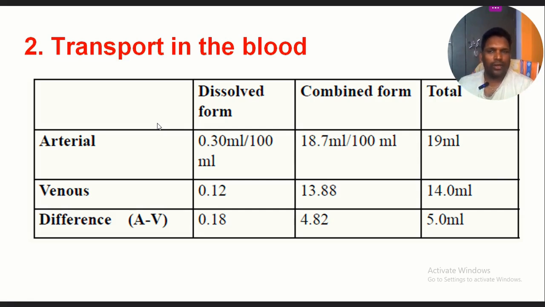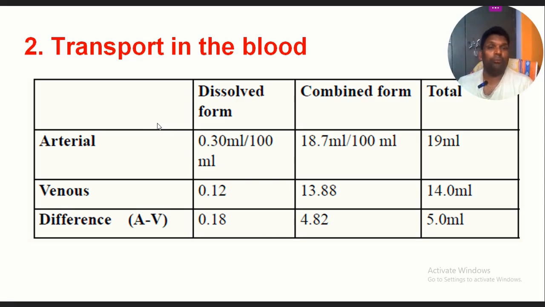For arterial blood, 0.3 ml of oxygen is transported in dissolved form. That means out of 100 percent, only 3 percent, a very minimal percentage of the oxygen, is transported in dissolved form, and the remaining is in combination with hemoglobin.